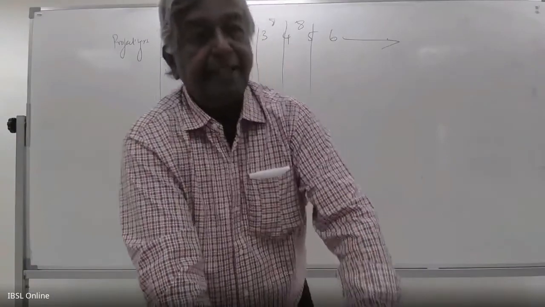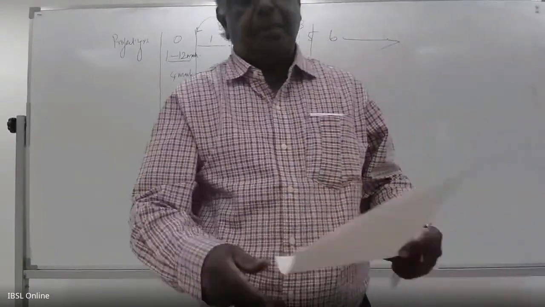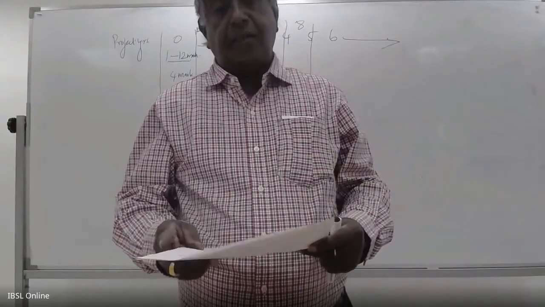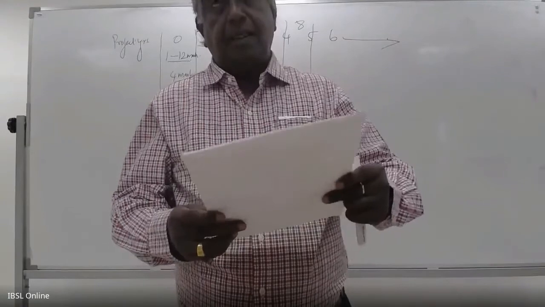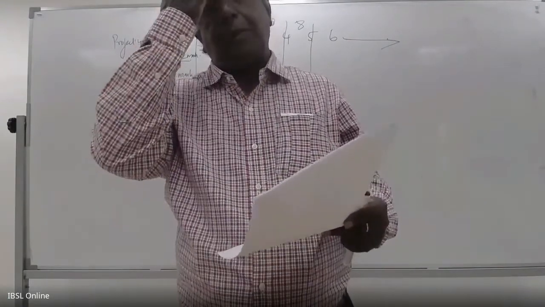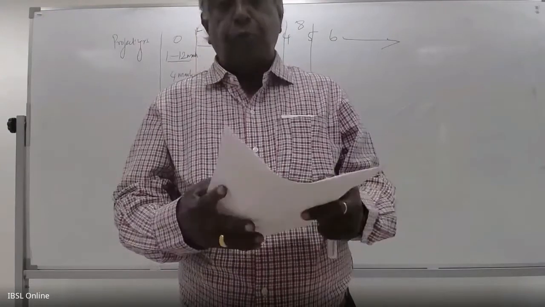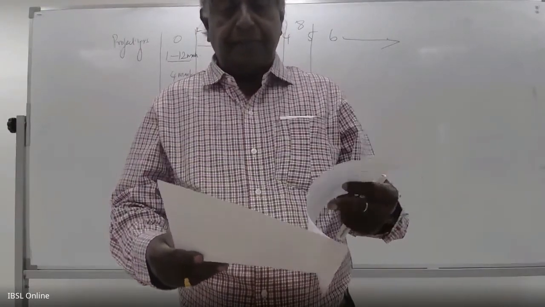Right. And then another thing, the assignment. We have given you the assignment about the pledge facilities and the trust receipt facility. You have to prepare it. I hope you have all read it. The period and everything is given.